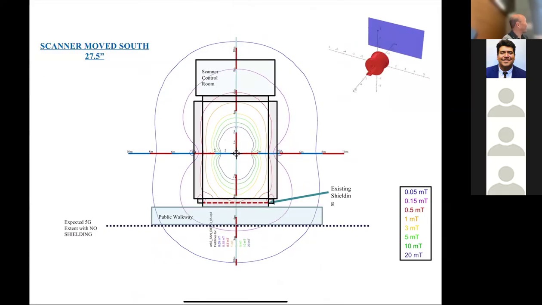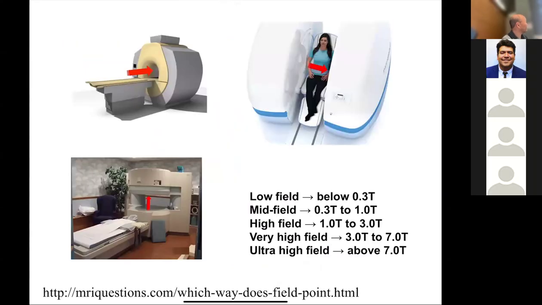And to do that, we actually had to move the magnet like 27 inches in the room, right? In addition, the other thing that helps is we have this big piece of iron here, to reduce the magnetic field as well. That's called shielding. Okay.